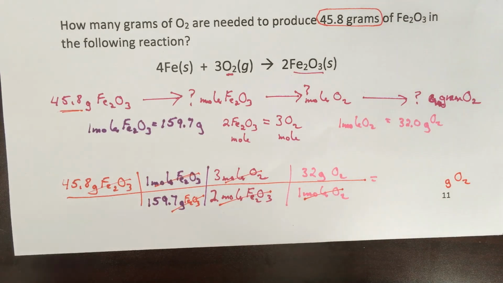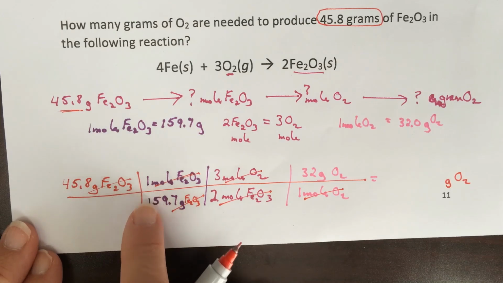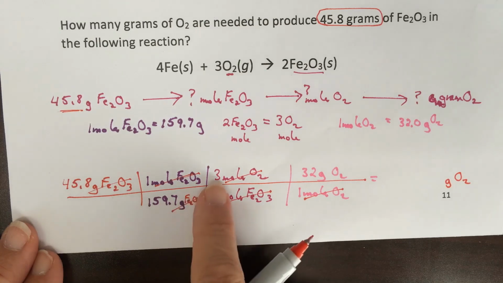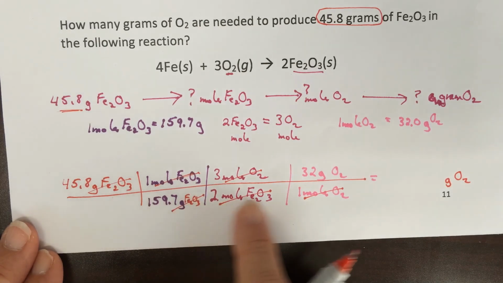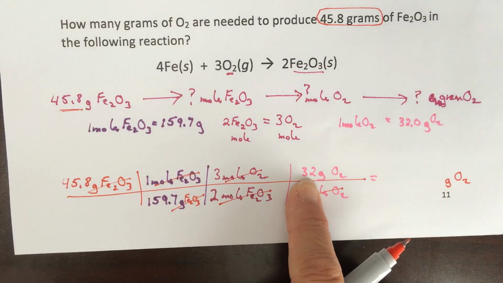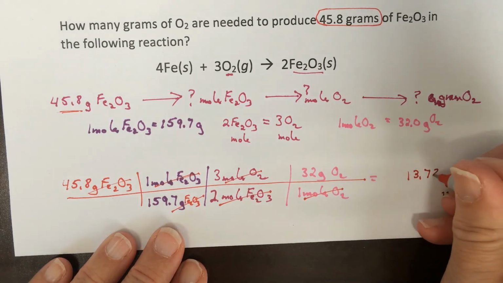Now to get our number, we'll take 45.8, multiply by 1, divide by 159.7, multiply by 3, divide by 2, multiply by 32. And that will give us our answer. It should be 13.78 grams.